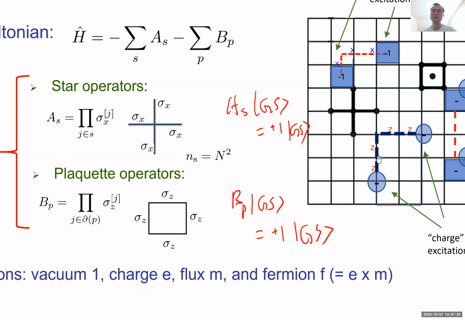If you apply another one, you would make this one plus and this one minus. Essentially, the more Z you apply, you're dragging along these excitations.